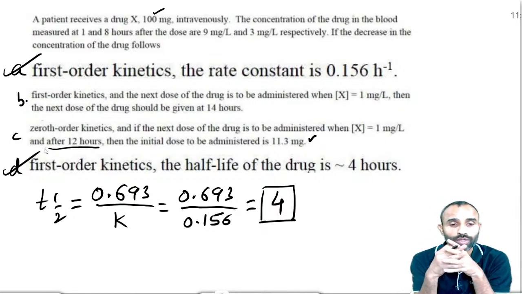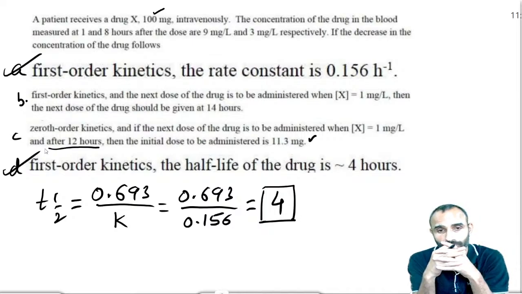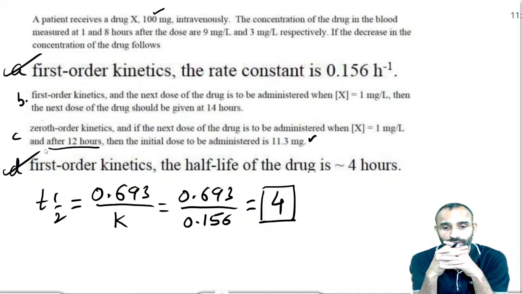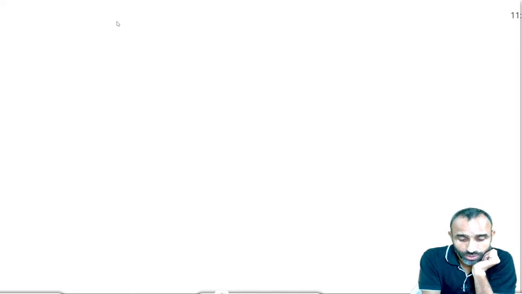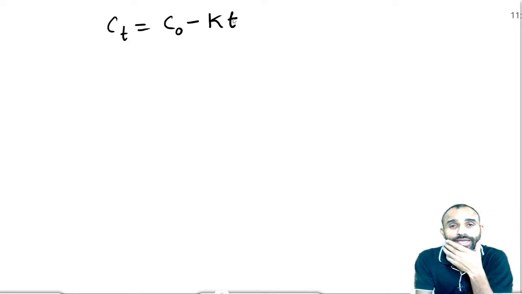Now, if it is a 0th order reaction, the relation used is Ct equals C naught minus kt.